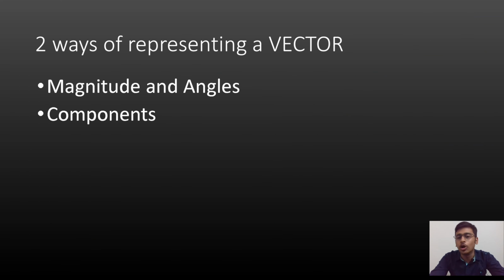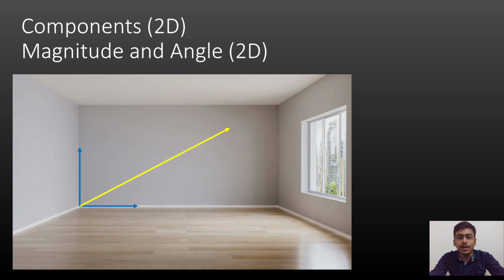So let's talk about the 2 ways of representing a vector. The 2 ways of representing a vector are magnitude and angle, and components. So what are magnitude and angle? What are components? Let's study about it. Let's say we are in this room, and there is a fly sitting over here.